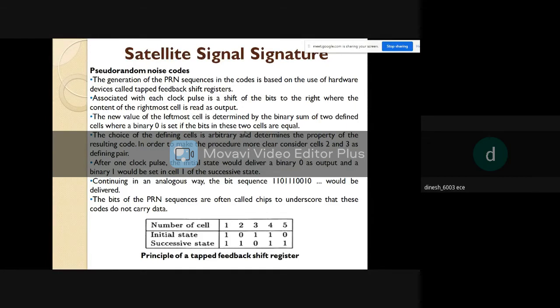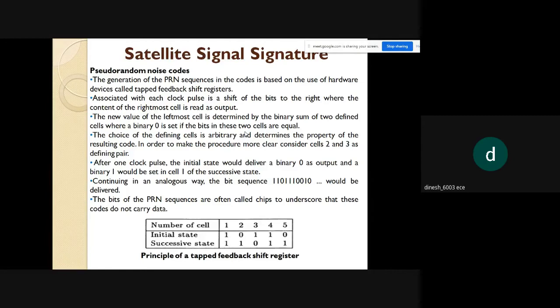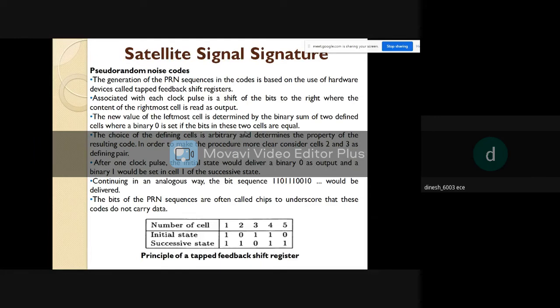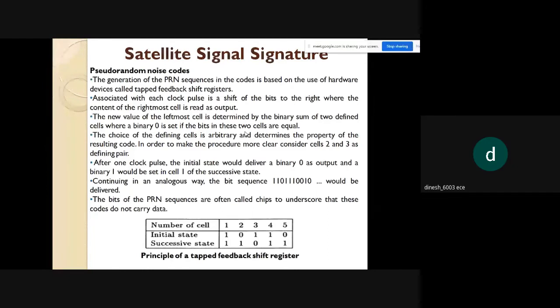The choice of these defining cells is always arbitrary, and that determines the property of the resulting code.